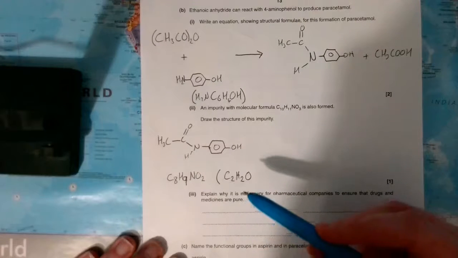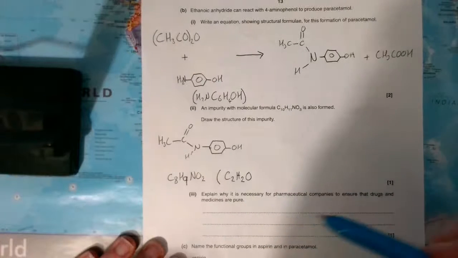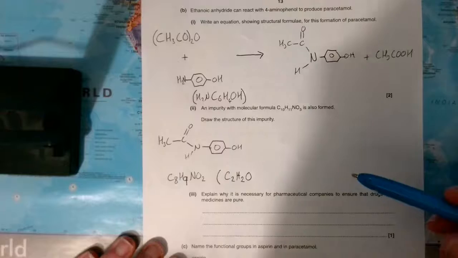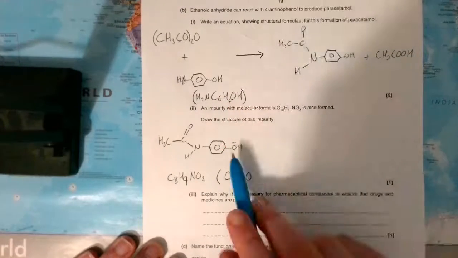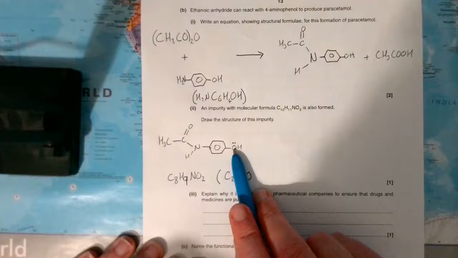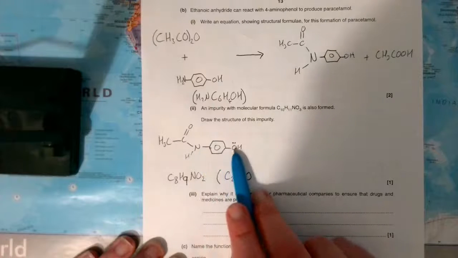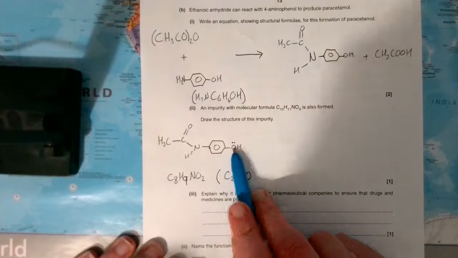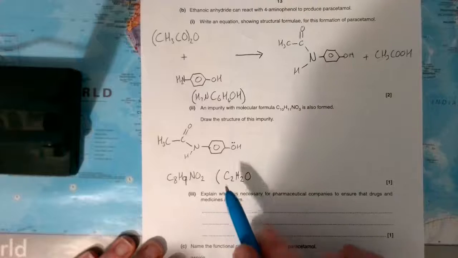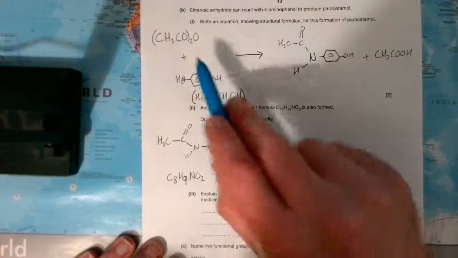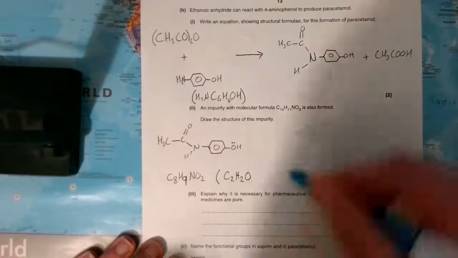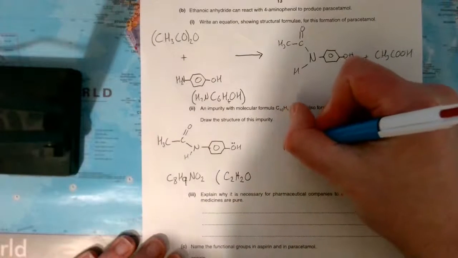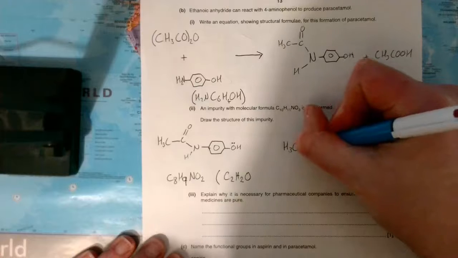And what we've just seen about ethanoic anhydride is it reacts with nucleophiles. And this oxygen on the paracetamol, this phenolic oxygen, can behave as a nucleophile. And so therefore, we also know that ethanoic anhydride is good at adding 2 carbons. So that is simply what you're going to get.